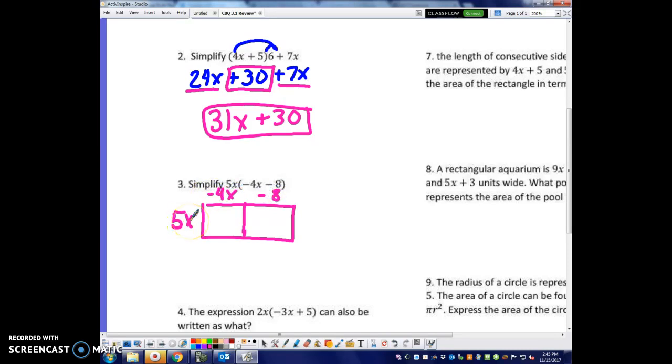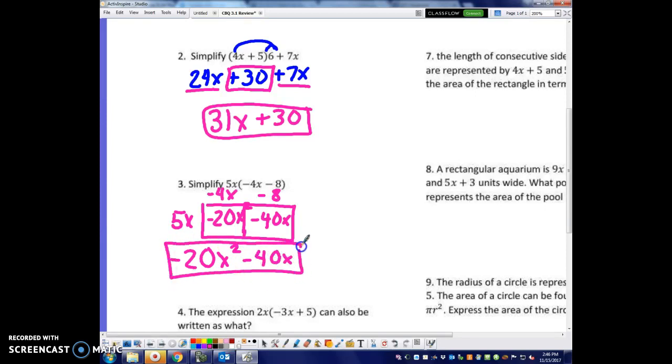So 5x times negative 4x is negative 20x. 5x times negative 8 is negative 40x. Oh, right? Yeah, and this is x squared. Sorry. Okay, because x times x is x squared. All right, so we have negative 20x squared minus 40x. Ta-da!